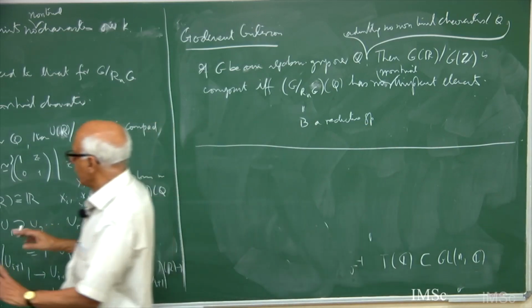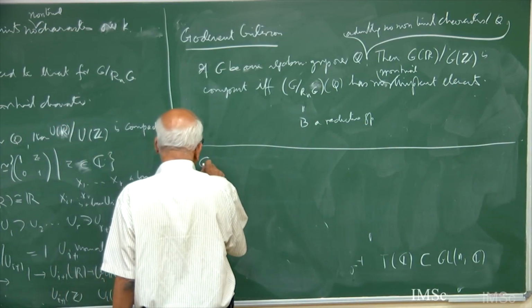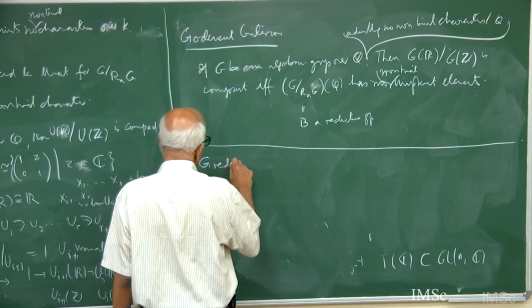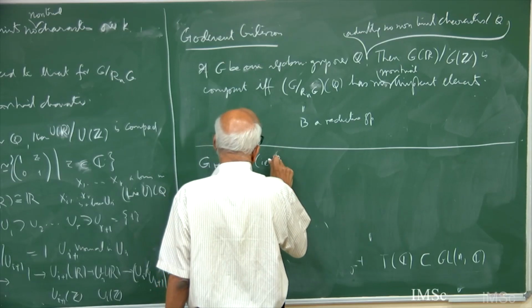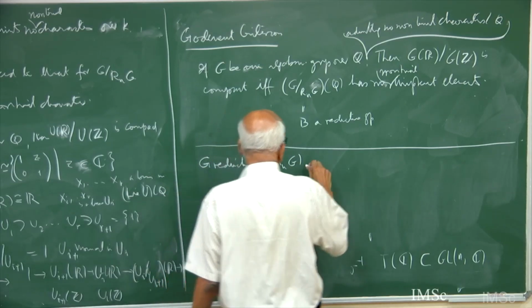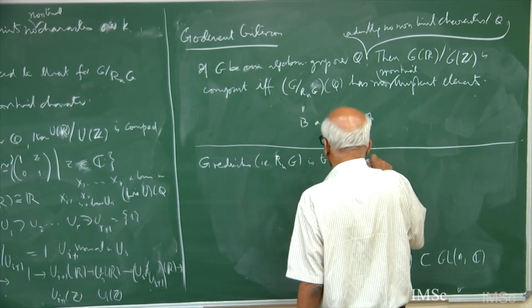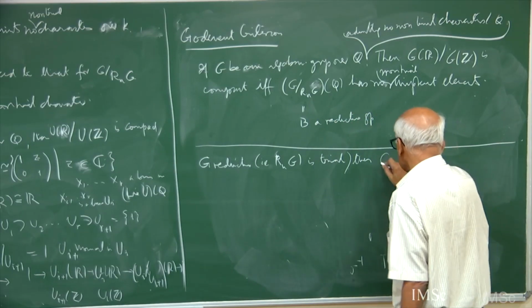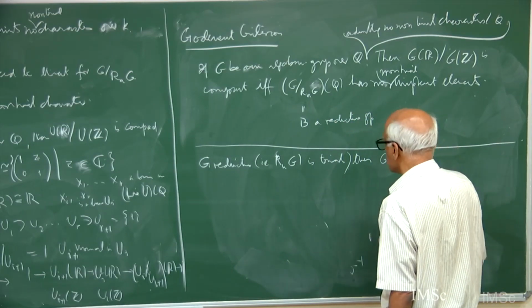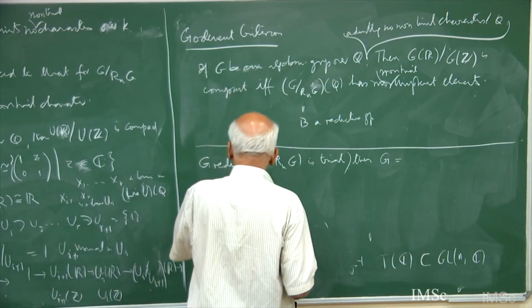Now I need another fact. If G is reductive, that is R_u(G) is trivial, then G is necessarily of the form, let me also assume connected.